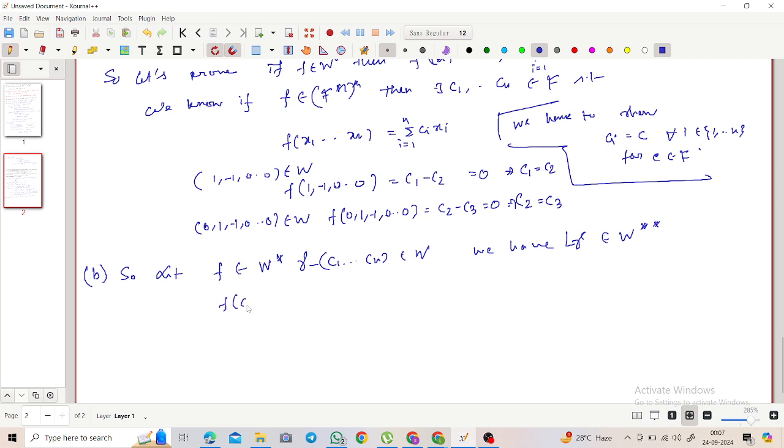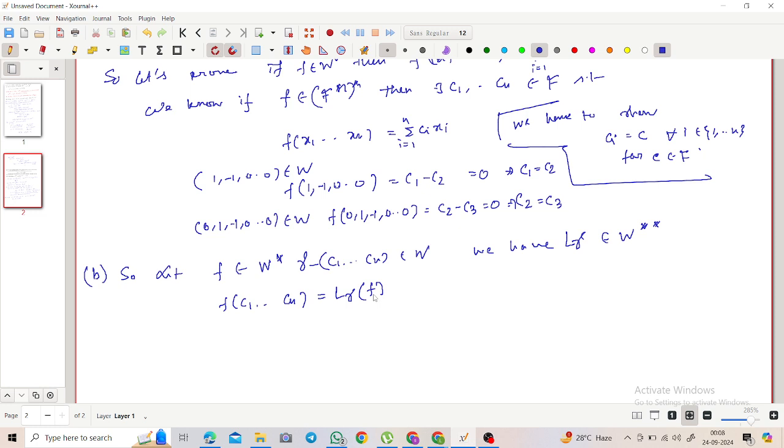So f of c1 to cn should be L gamma of f, if f is in W star.